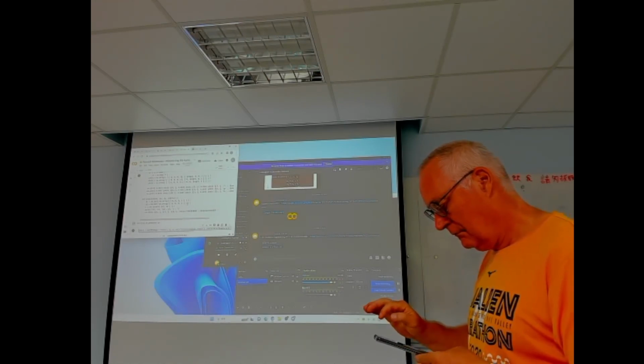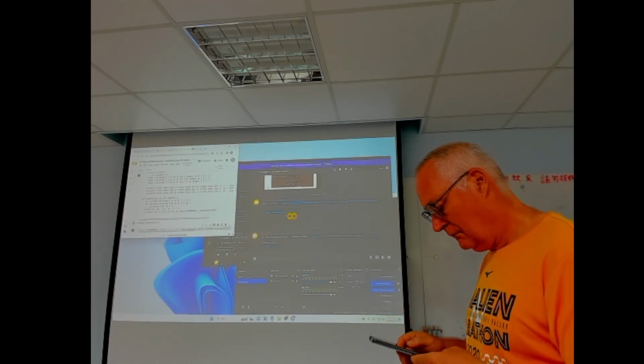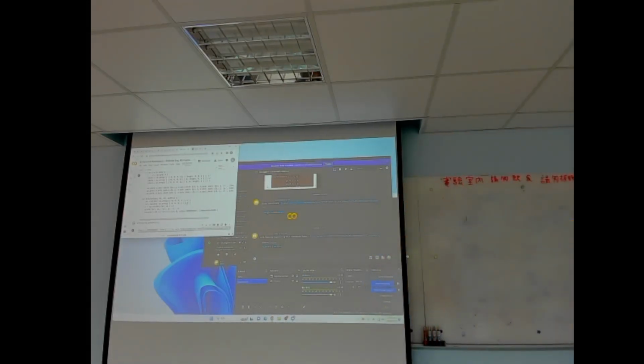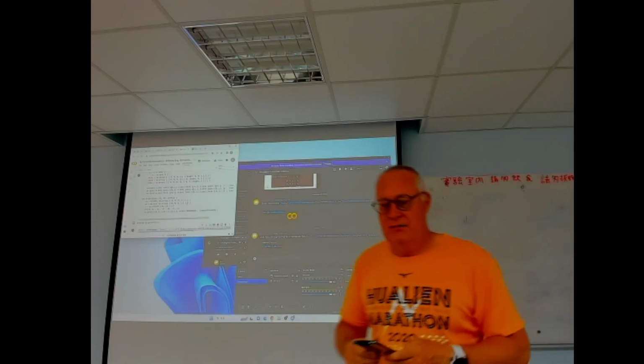It's always from the starting position to the end. So this one is from the base, or this one is from the previous one, or this one is from here.